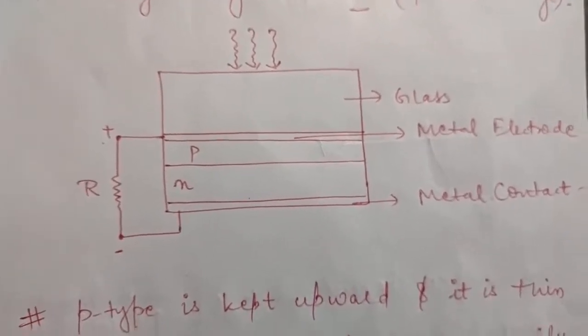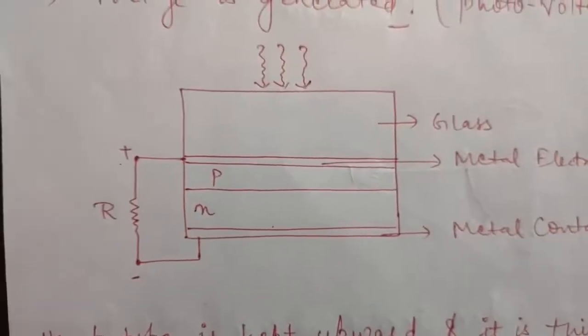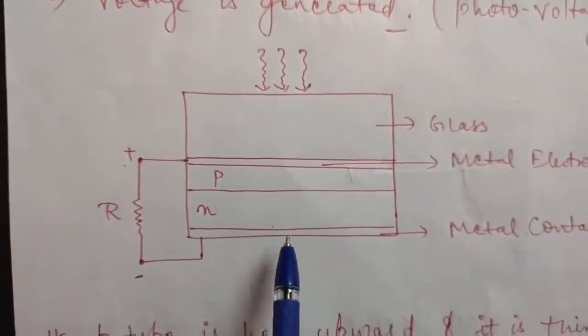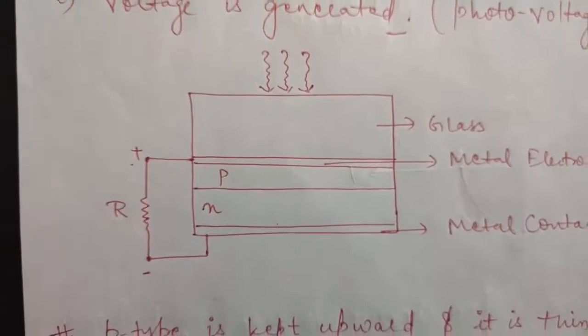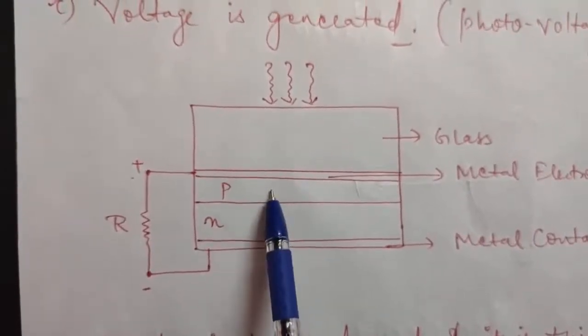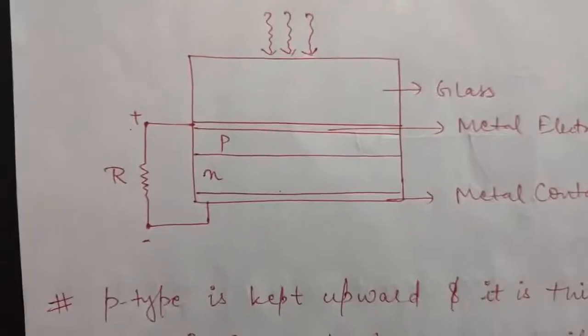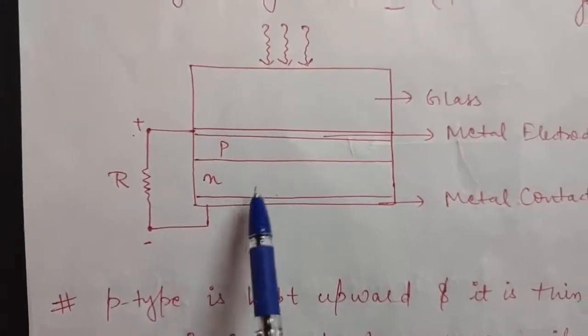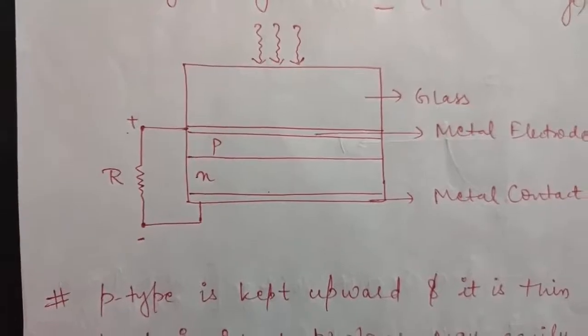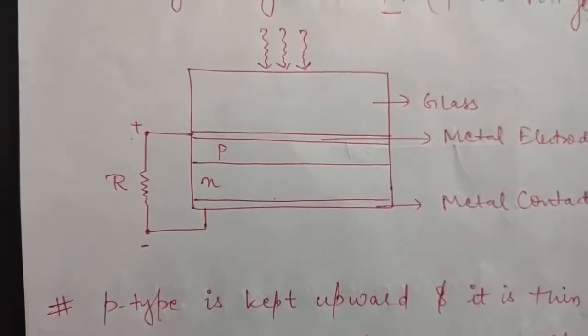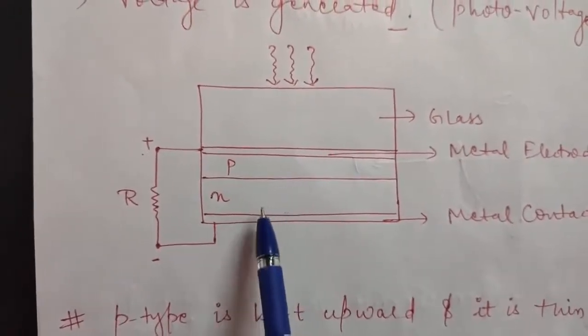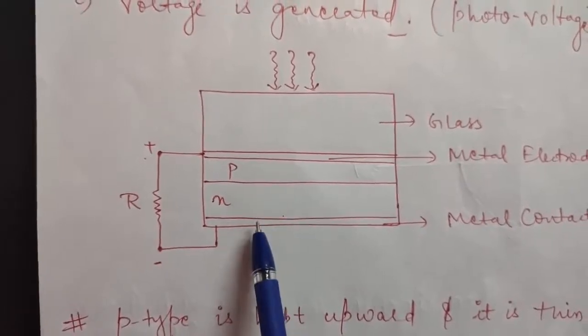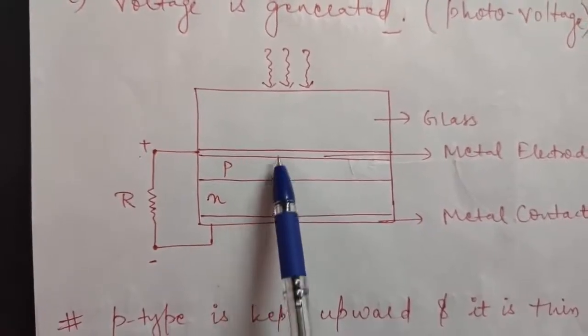Now what will happen, these photo generated electrons will start moving towards n, and those photo generated holes will start moving towards p. Because electrons are moving towards n and holes are moving towards p, and we do not have any external biasing here, these electrons and holes are collected on these metal electrodes.